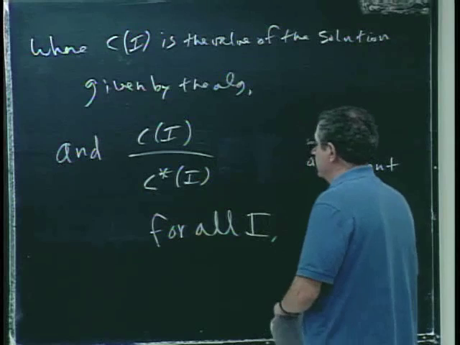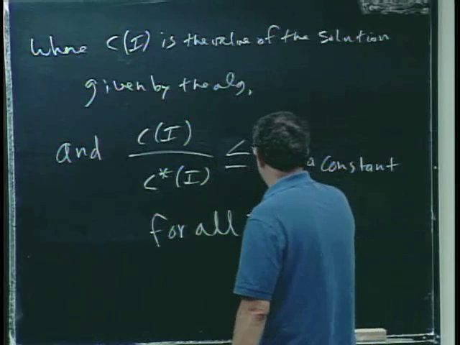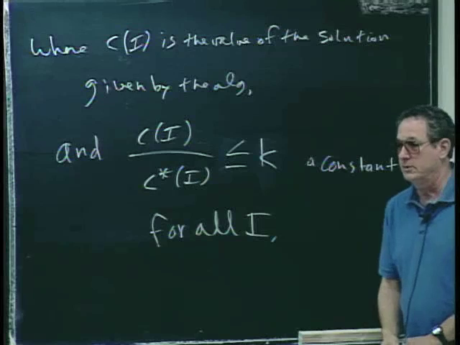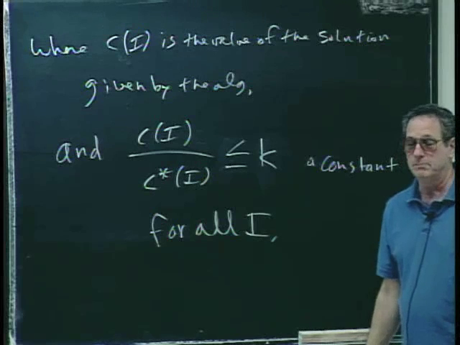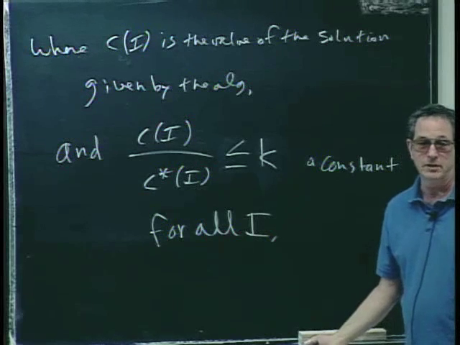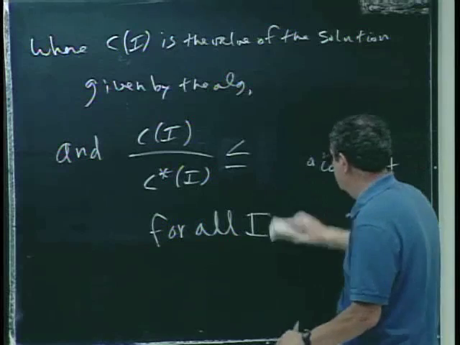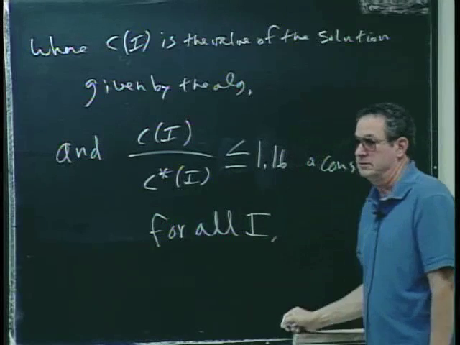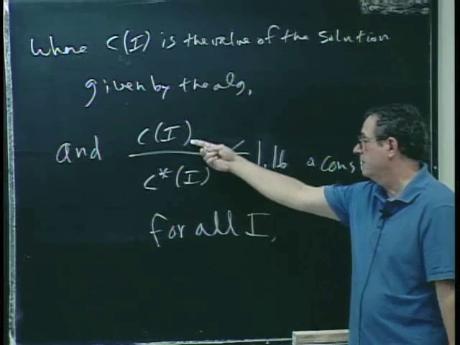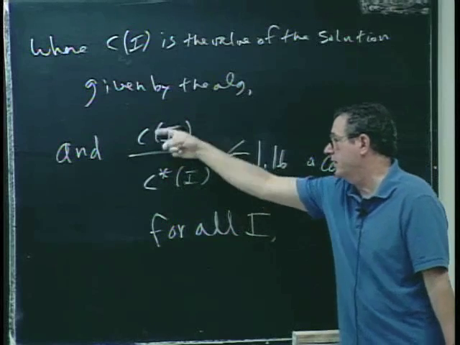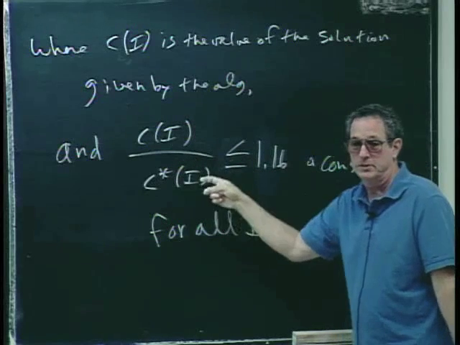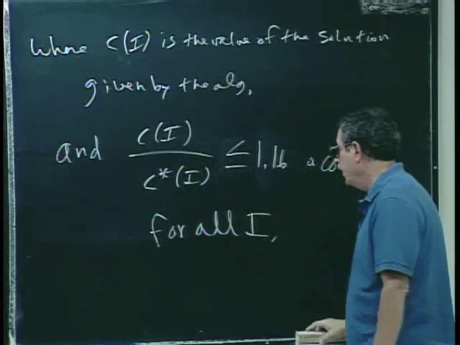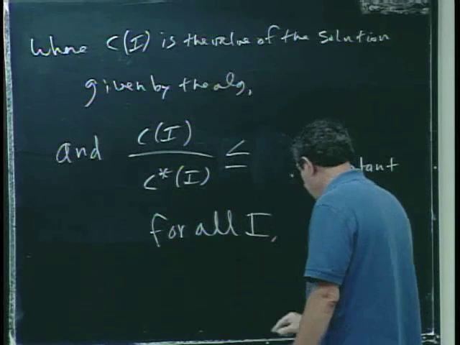So, less than or equal to k, what do you want for k? Well, as small as possible, larger than 1. So maybe 1.16. The ratio of what the algorithm puts out to what the optimal is less than or equal to 1.16, etc. There aren't very many of those.